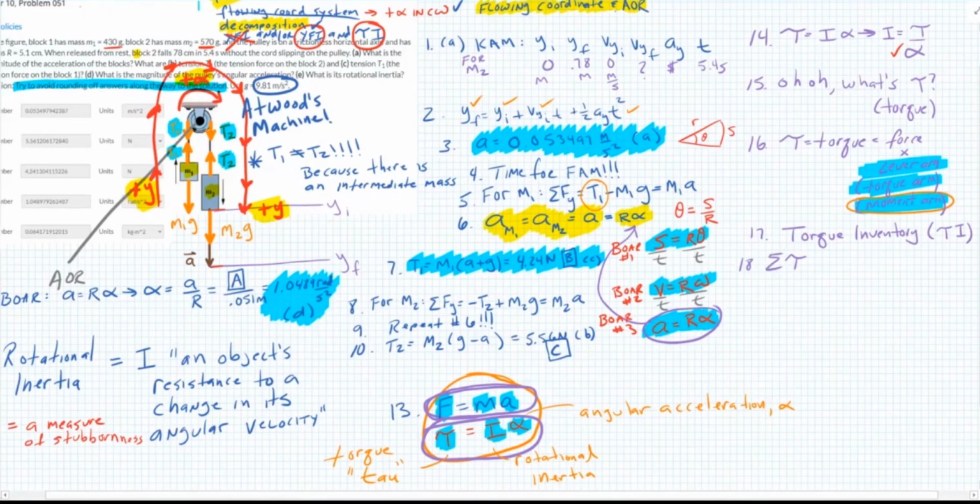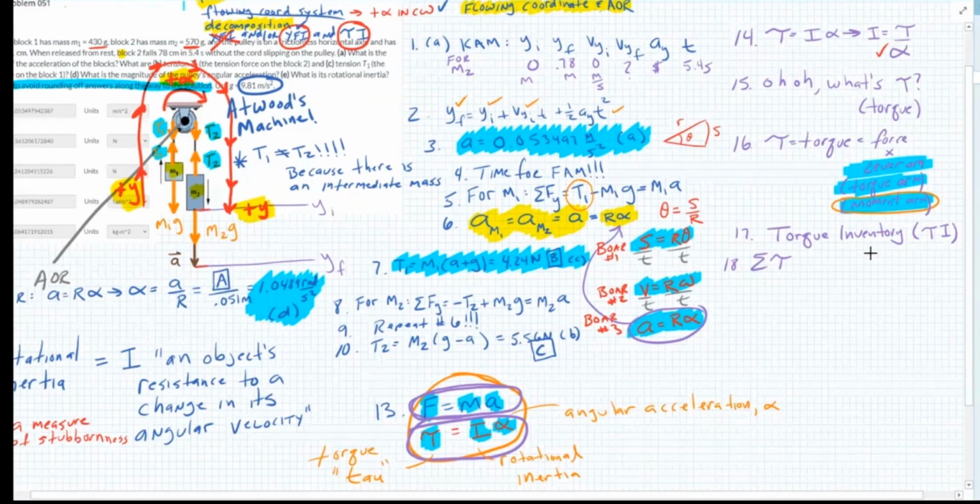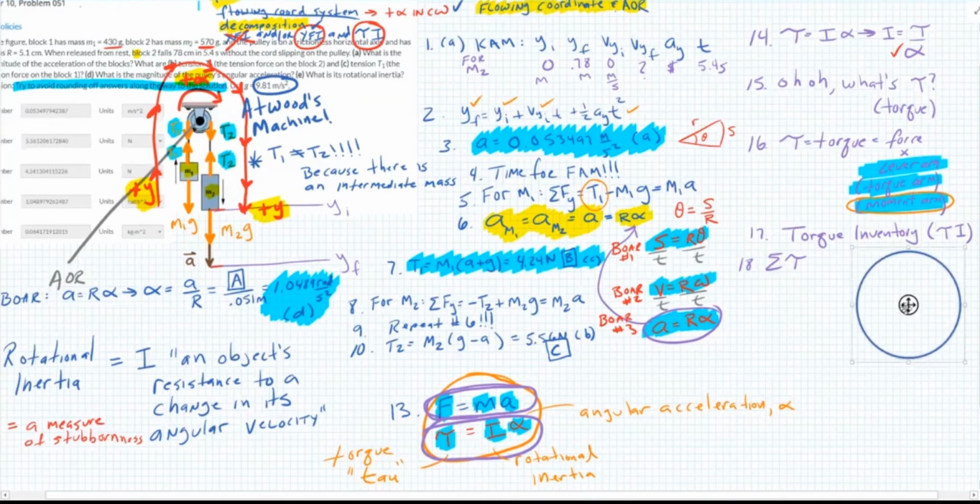I'm going to do a little sidebar diagram here. Here's my pulley. Here's the radius of my pulley, and I'll indicate it from the AOR.